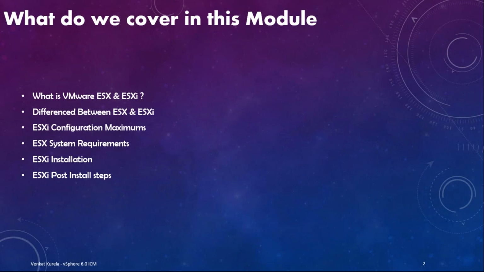I said VMware ESX is one of the components, vCenter is one of the components, and I gave you a one-liner description: VMware ESX is a type 1 hypervisor. That's all. But now I am taking a step ahead and giving you a deep dive, making you understand what ESX and ESXi are, the comparison between them, and the configuration maximums.